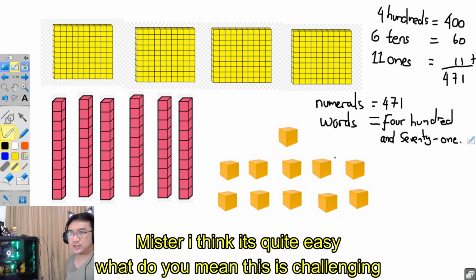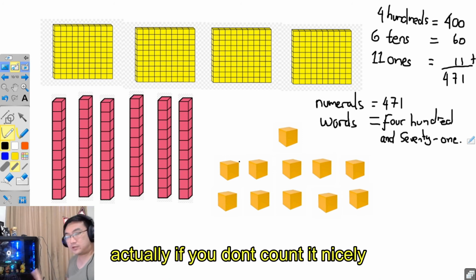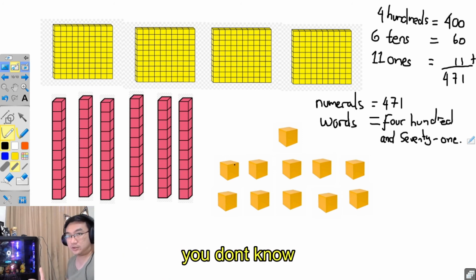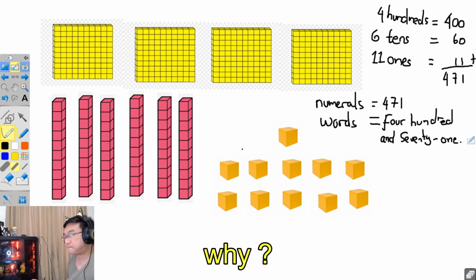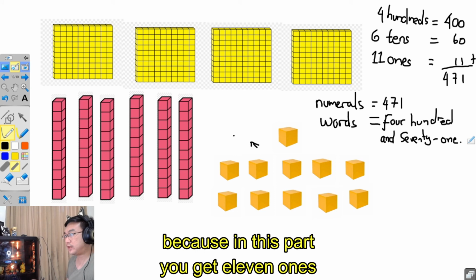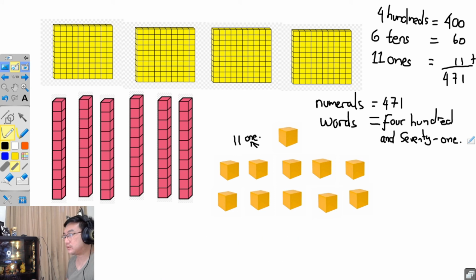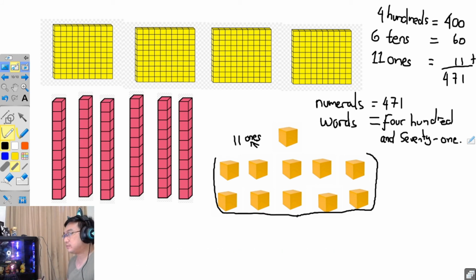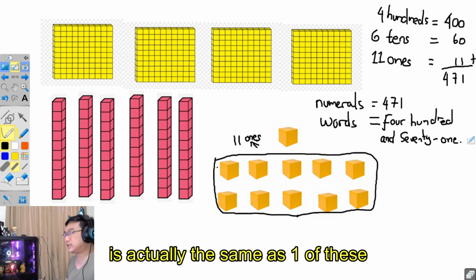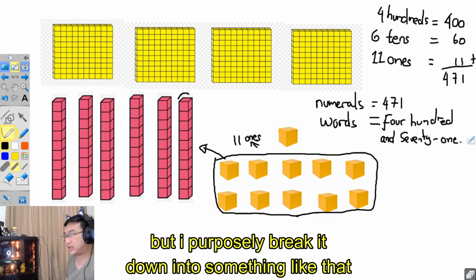Mister, I think it's quite easy. What do you mean it is challenging? This is the challenging part. Actually, if you don't count it nicely, you don't know. If you don't count it like what I did, you will get it wrong. Why? Because in this part, you get 11 ones. How? These things on the bottom are actually the same as one of these, but I purposely break it down into something like that.